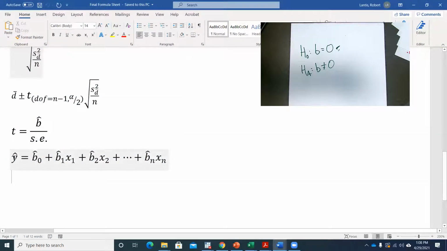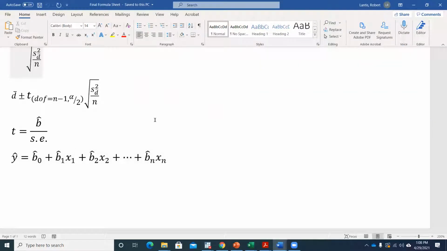To come up with a prediction for your y value, you take the estimate for the intercept, and then add the slope coefficient for the first variable times that first variable's x value for your hypothetical person. Add the coefficient on the second variable times the hypothetical value for the second variable, and then do that for every variable in your regression.